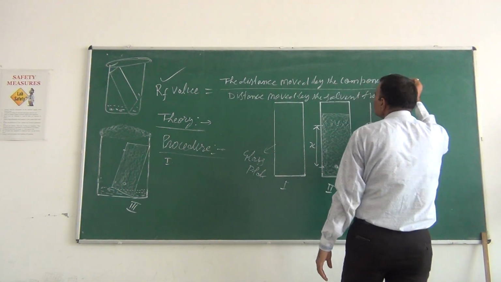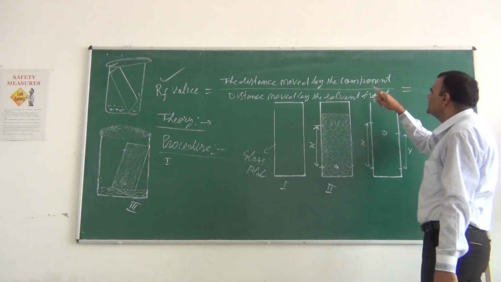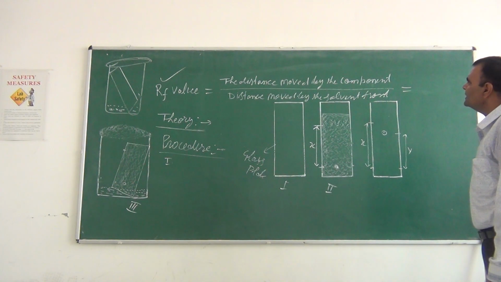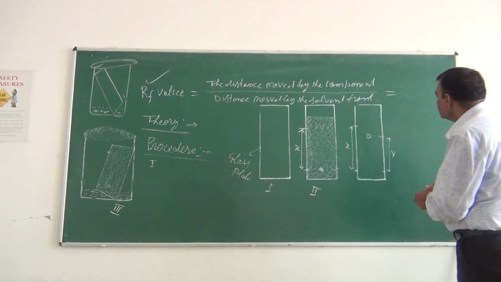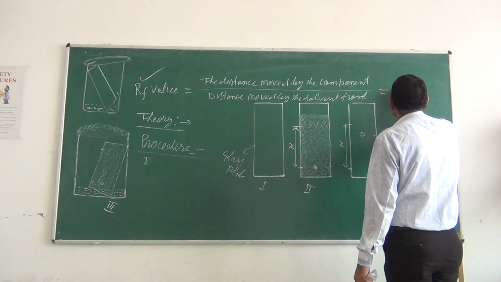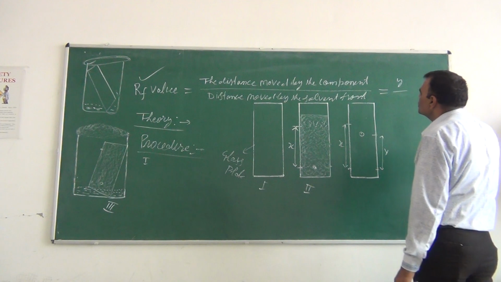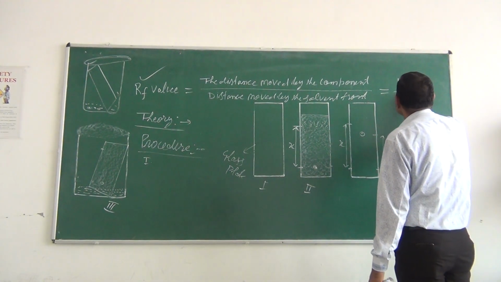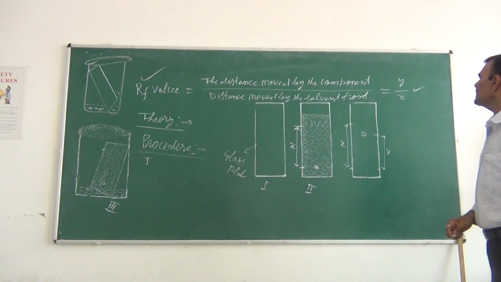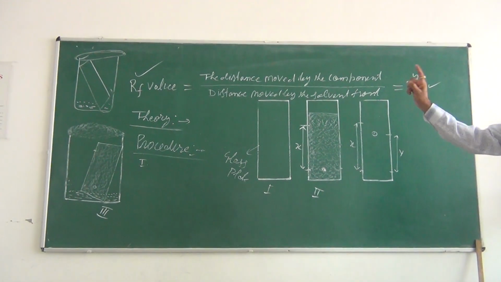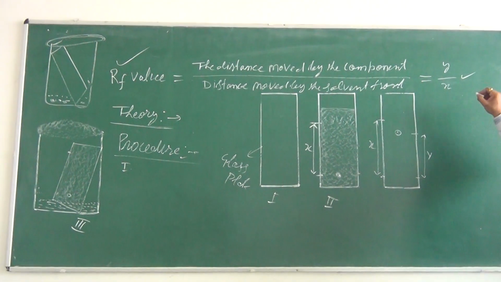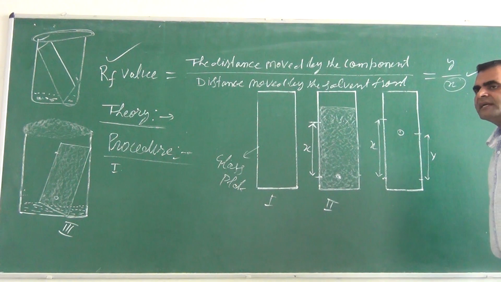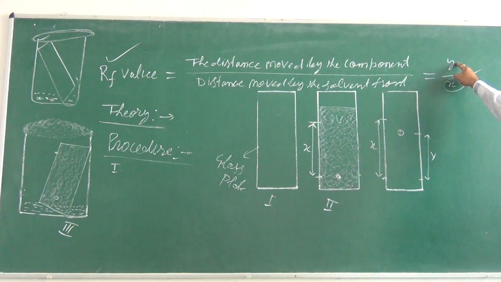Suppose the distance moved by the component is y, and the distance moved by the solvent is x. So the value of y upon x will give us the Rf value. Keep in mind that this value will always be less than 1, since the denominator is higher than the numerator.